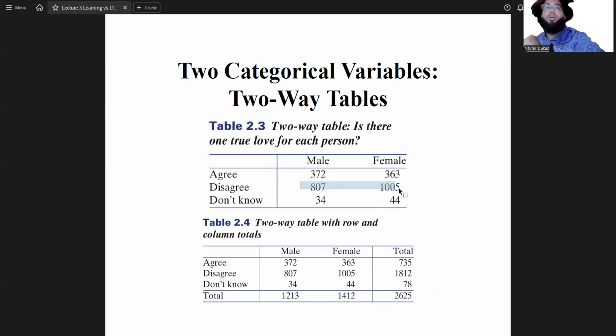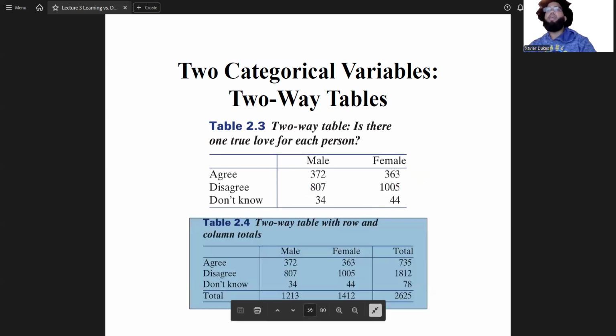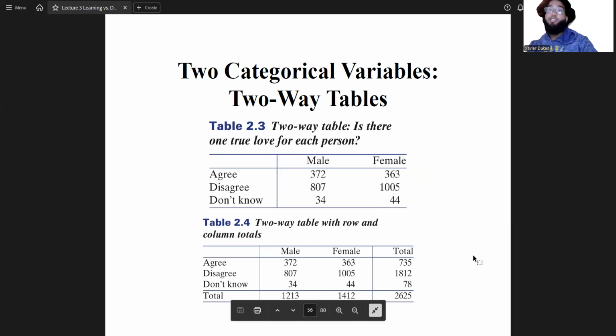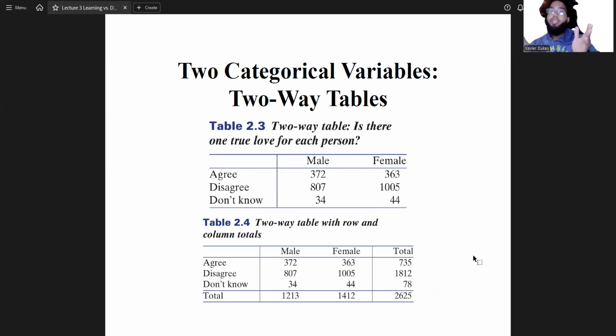Then we can just continue this process. 70 are undecided and 1800 disagree. And we can extrapolate data. How many males feel this? How many females feel this? And just how we decide to continue breaking up this data. Sometimes categorical data isn't as intuitive to parse and analyze, but it can be done.